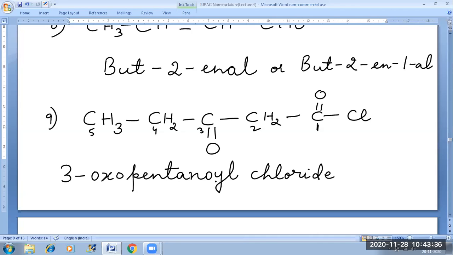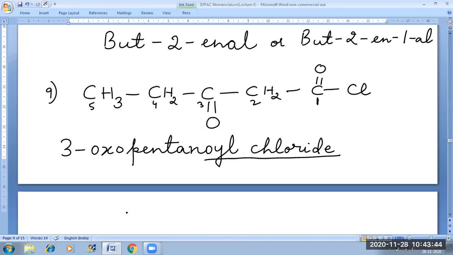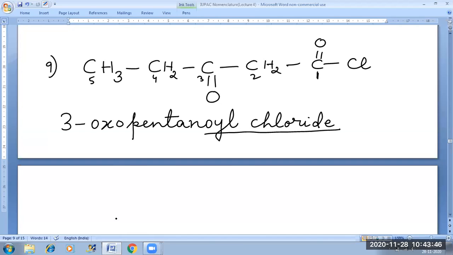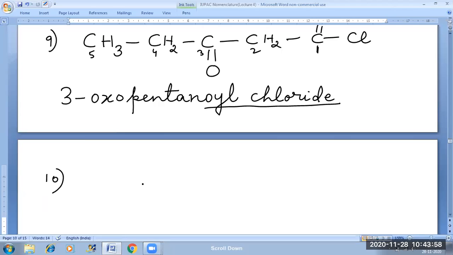The suffix of COCl has been taken, that is oyl chloride, so 3-oxopentanoyl chloride. Okay, now all of you try to solve this one.